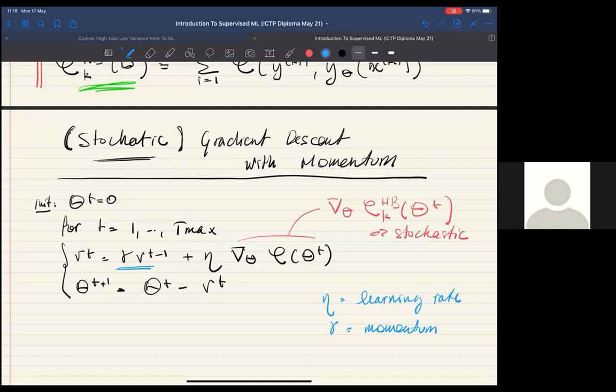The momentum, this vocabulary comes from physics, of course. The momentum of a moving object is the resistance to change its velocity, to change its direction. It's related to inertia, and you need to have mass to have inertia.